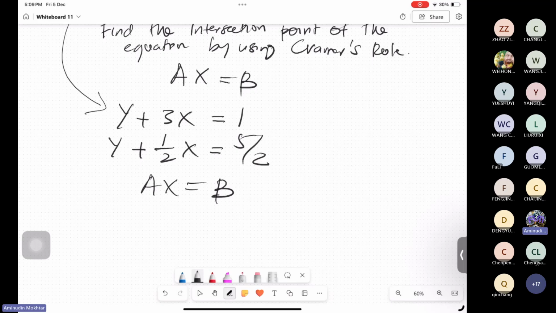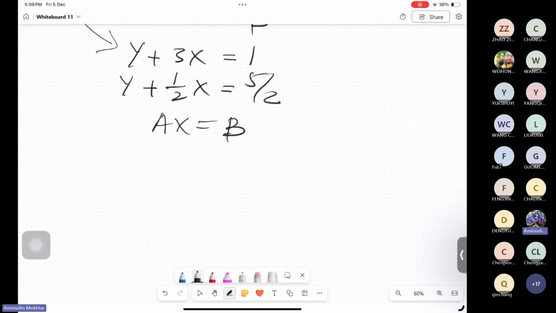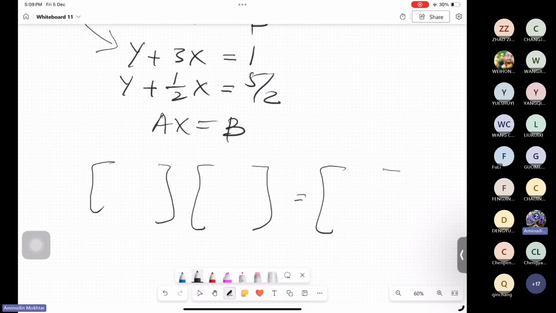That is the general form of an equation in matrix form. Again, we have A, X, and B. The number of rows in A is equal to the number of equations.